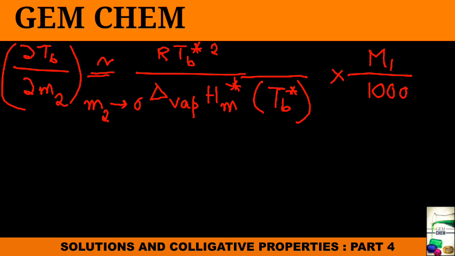As we see that M2 is tending to 0, correct? So that's why 1 by 0 is something 1. So we are not taking that term.